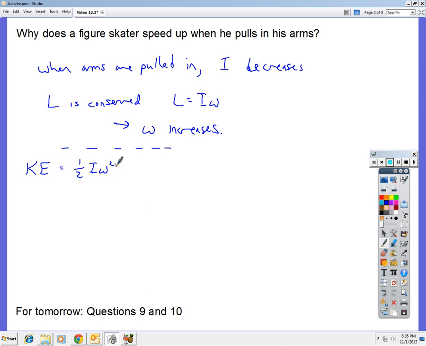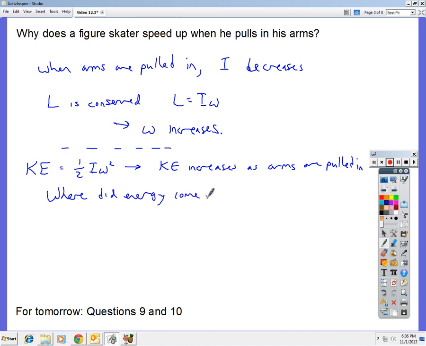If we calculate the kinetic energy before and after, you'll notice I is decreasing and omega is increasing. But omega is squared. And so the net result is that as the skater pulls his arms in, the kinetic energy increases. Now, where did that extra energy come from? That's the big question. And I'll let you puzzle that out. We'll talk about it in class tomorrow.